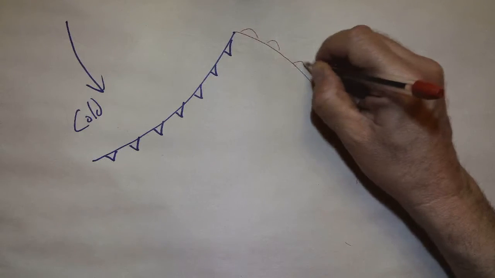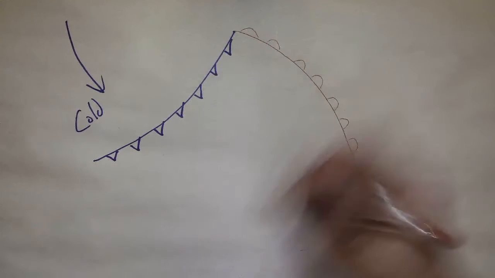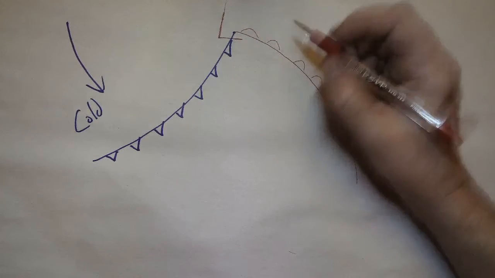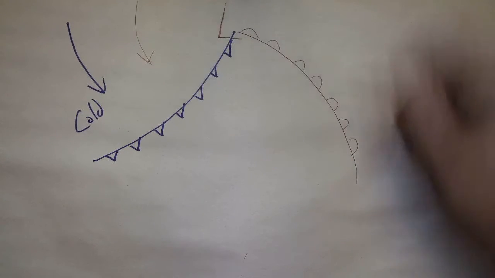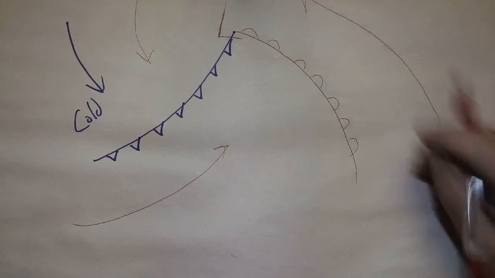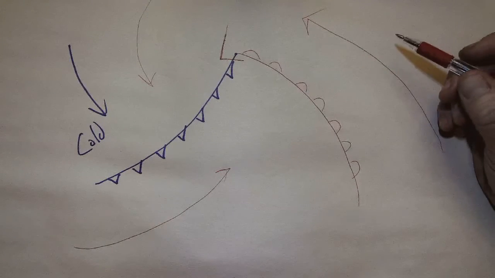And that's going to make a warm front. So here's the center of the low right here. And we know air circulates counterclockwise and in around a low pressure system. So all this air is going to be circulating counterclockwise and in around this low.